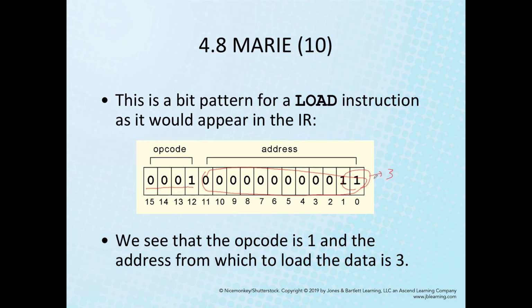So the value at memory address 3 will be stored into the accumulator. This is the instruction being executed, which will appear in the IR, the instruction register. Based on the contents of the IR, from address 3 we read the data from memory and then store it into the accumulator.